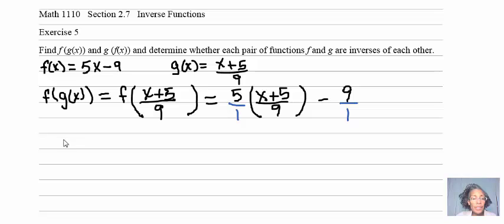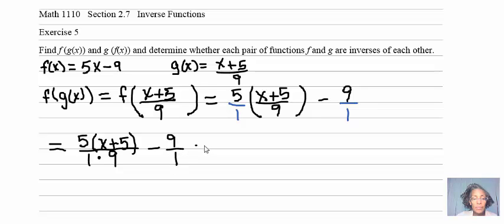So in order for us to carry out this multiplication, we've got to multiply the numerator of 5 over 1 by the numerator of x plus 5 over 9. And we have to also multiply the denominators. So this gives us 5x plus 25 over 9.